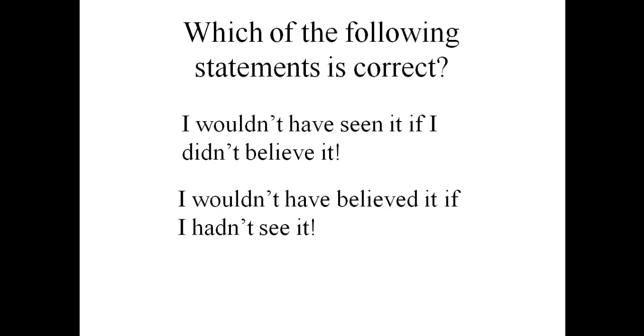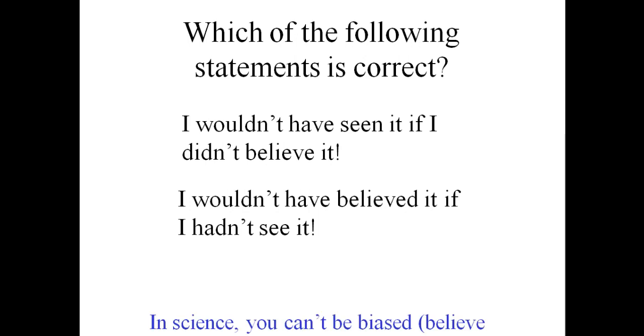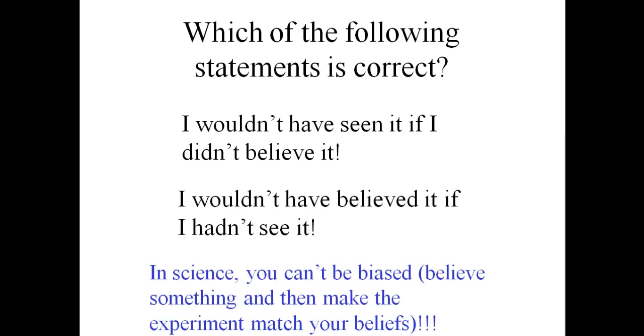Scientifically, you cannot go into an experiment, you cannot go into any type of scientific study thinking you know what's going to happen. Right? That's going to be very, very key, because again, if we think we are going to see something, we may adjust our results. Maybe unconsciously or maybe unintentionally, we may adjust those results, and it affects what we end up seeing. Right? So scientifically, you can't be biased.